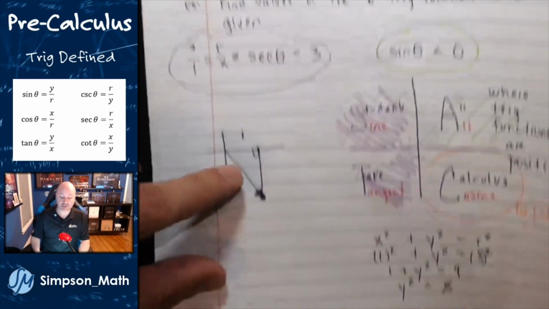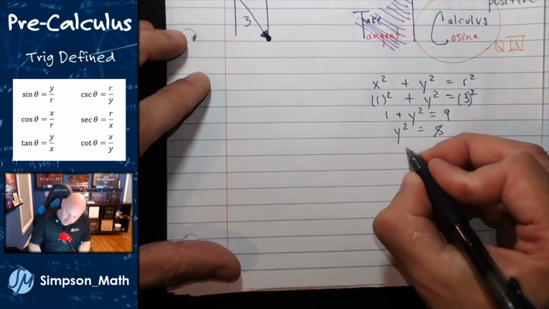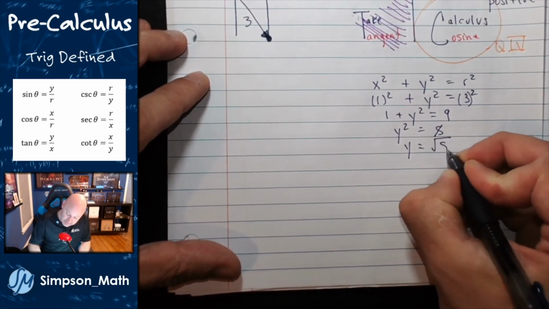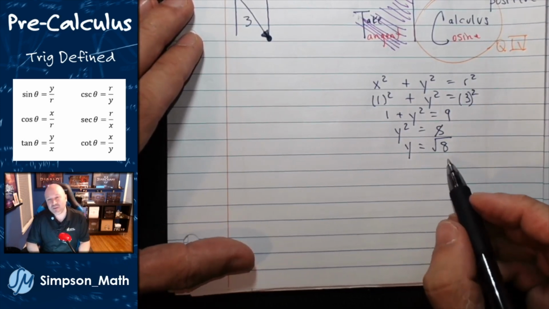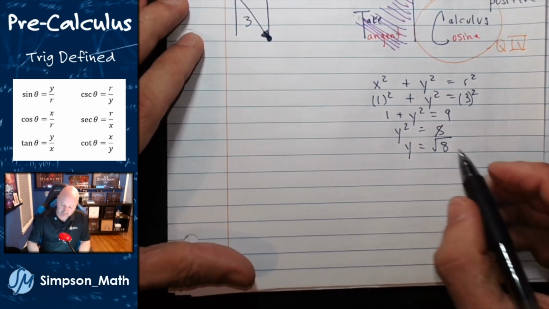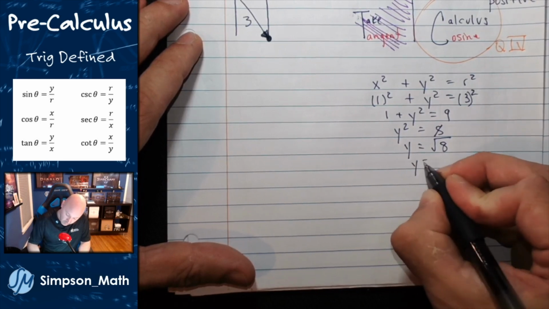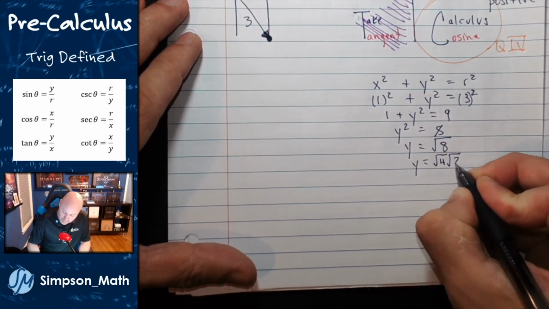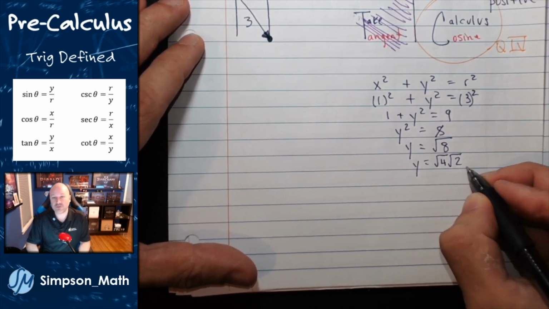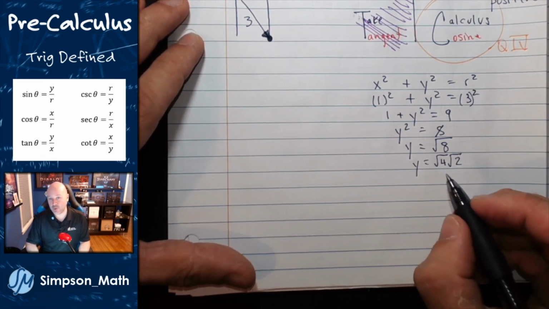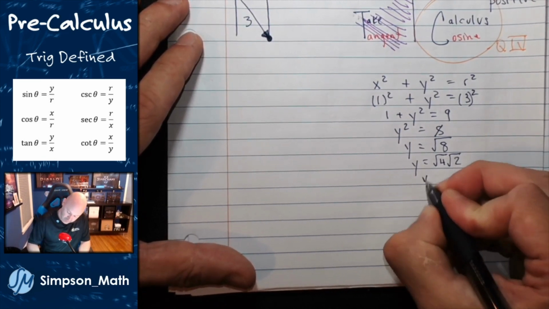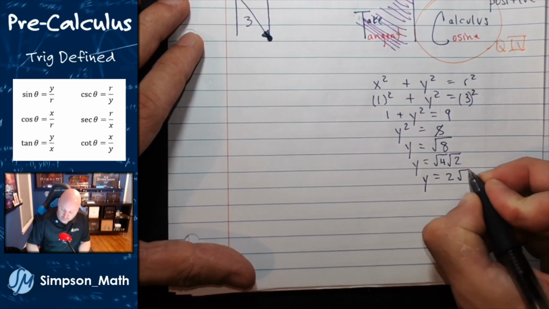I need to take the square root of both sides. So y is the square root of 8. That can be simplified. That's 4 times 2 in there. The square root of 4 times the square root of 2 gives me the square root of 8. And I happen to know that the square root of 4 is 2. So I'm going to call that 2 root 2.